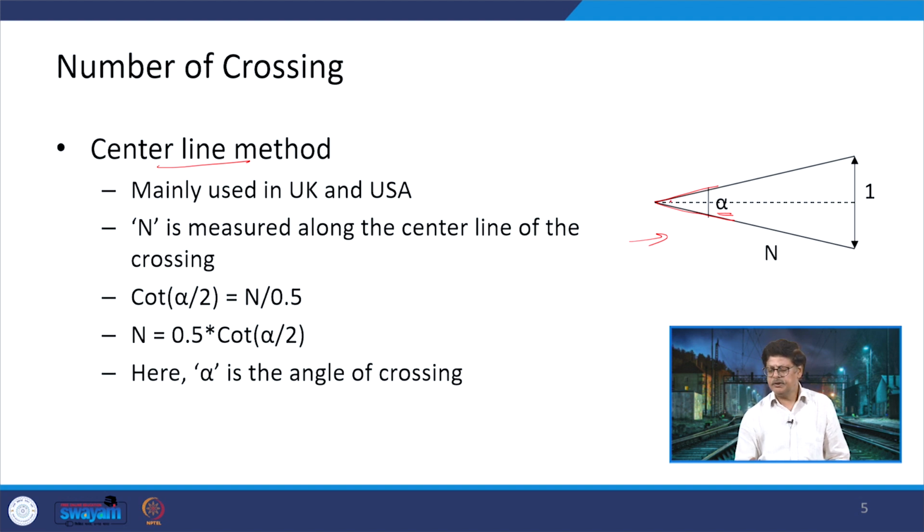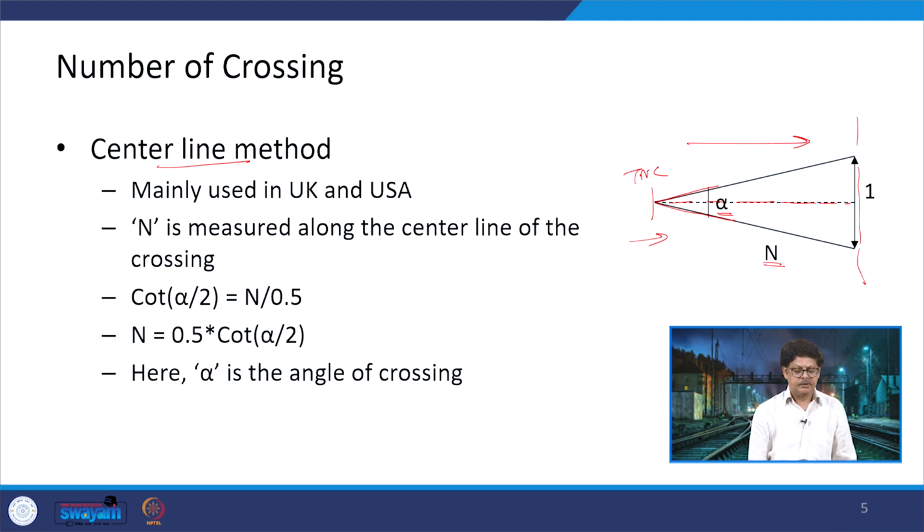We take a center line of this angle, starting from TNC and going up to the total length. At this level we assume that this is a unit distance. If we move away from the crossing from the TNC and get a unit distance, then whatever this spread comes to be is defined as n.